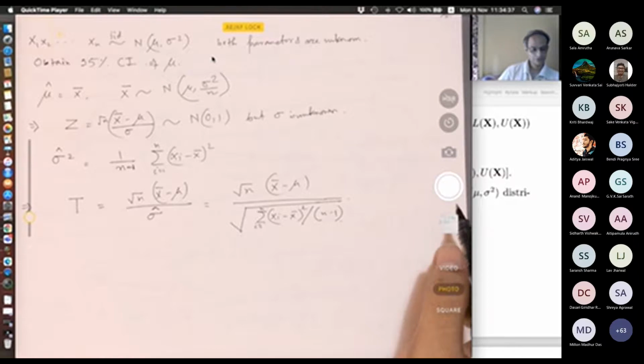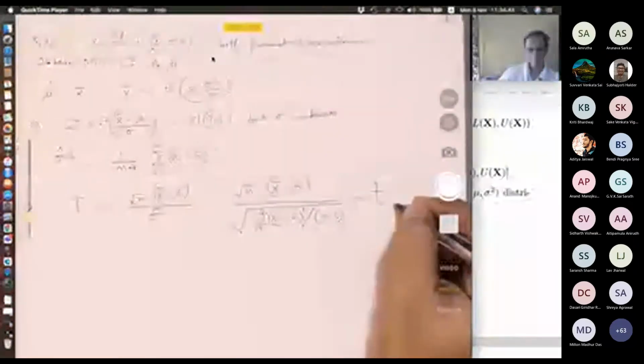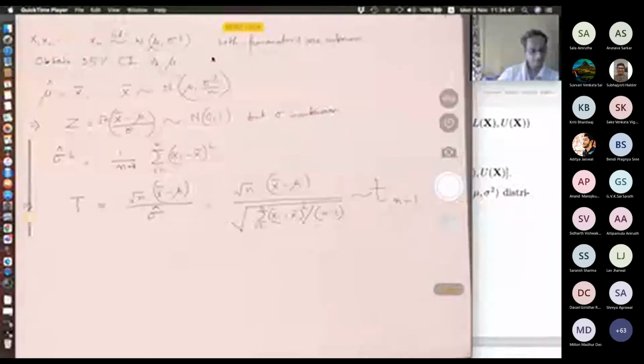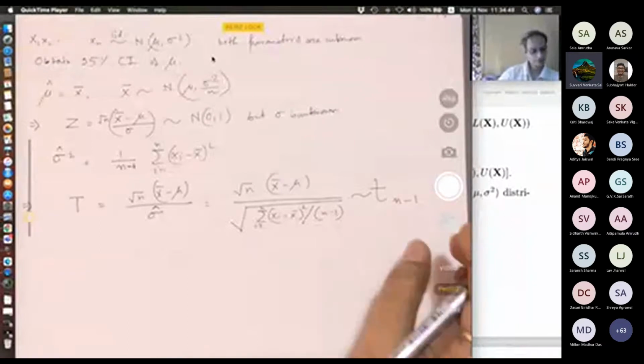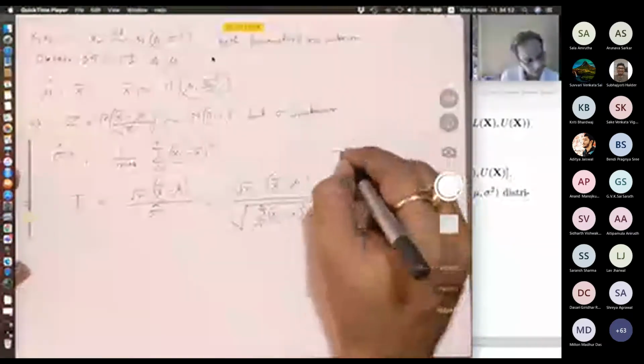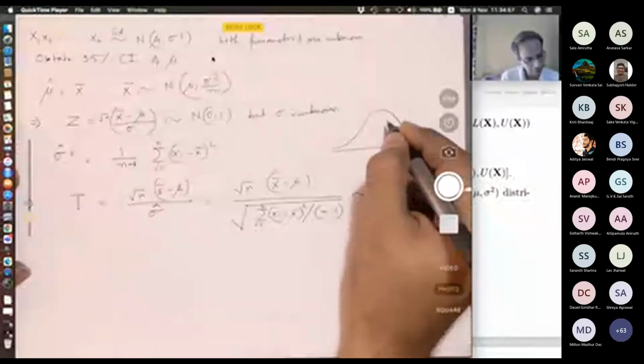T distribution, degrees of freedom n-1. So now again, routine job. T distribution, n-1 degrees of freedom.